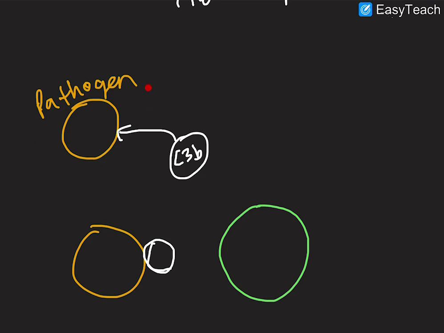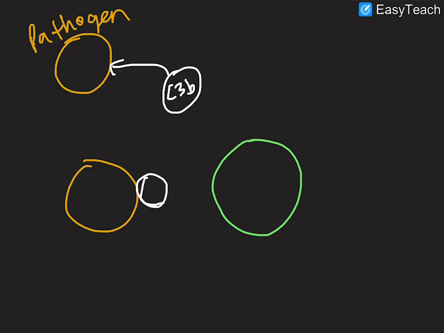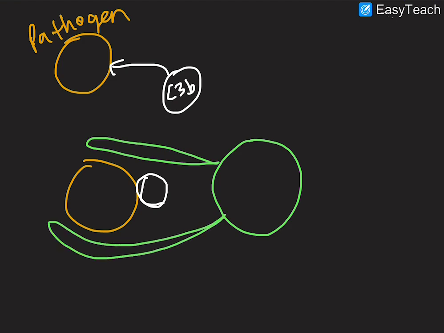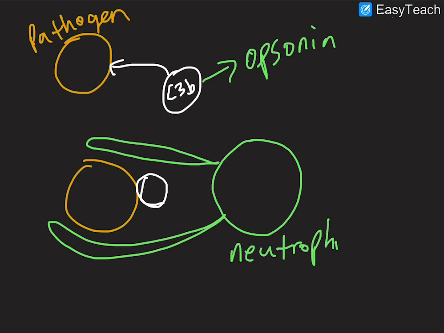So if we take any pathogen, for example, here, C3b can bind onto the pathogen surface directly, which can lead to neutrophils or macrophages phagocytosing and destroying this pathogen. So that makes C3b a strong opsonin, because it makes the pathogen more attractive to certain white blood cells like neutrophils and macrophages.